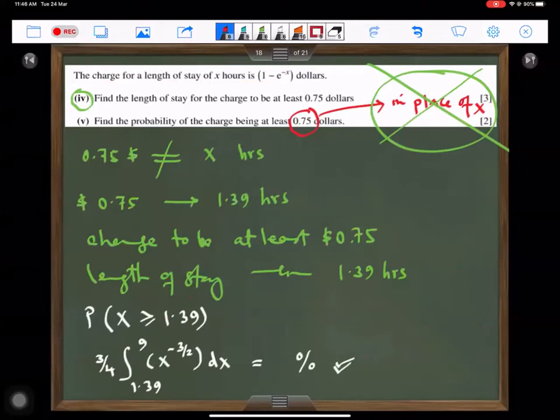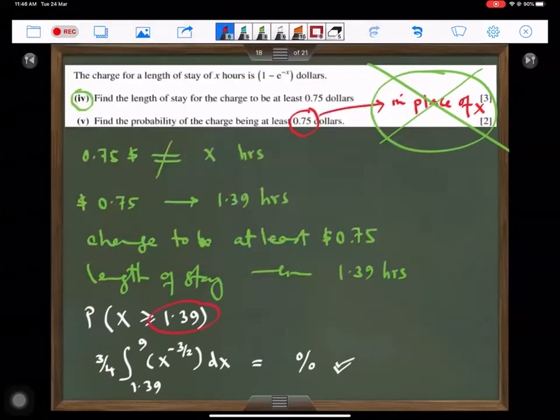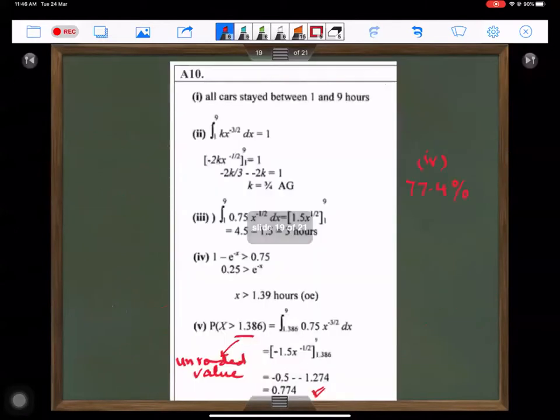At least $0.75 means at least 1.39 hours. Therefore, the length of stay should be greater than or equal to 1.386. Use the unrounded value. And then you get a percentage, which in this case came out to be 77.4%.